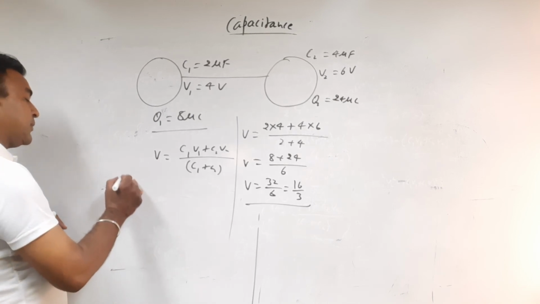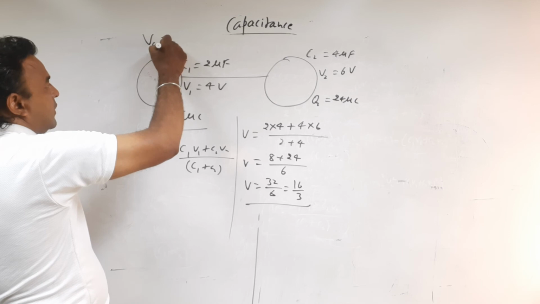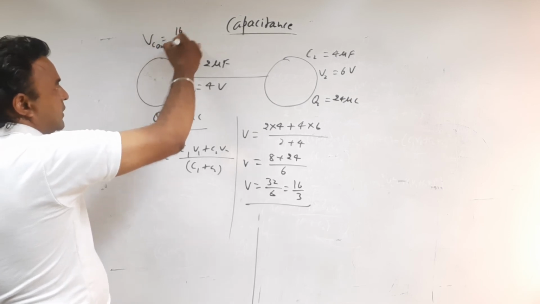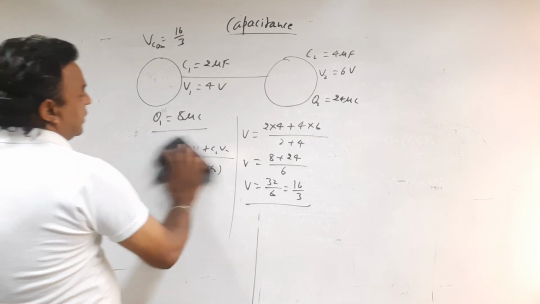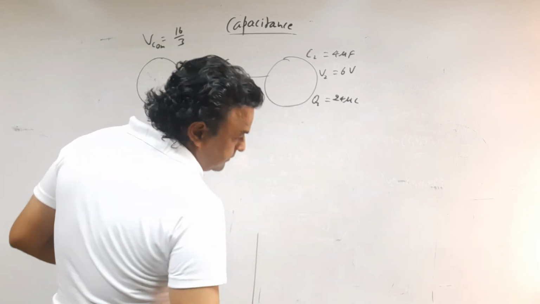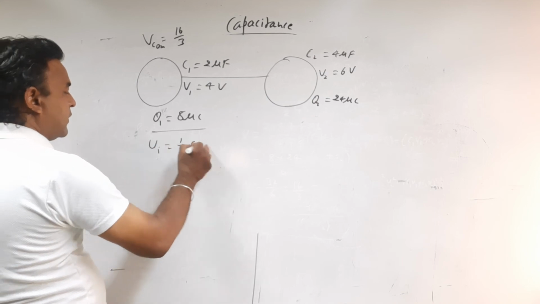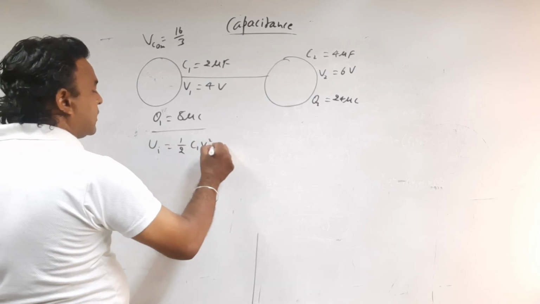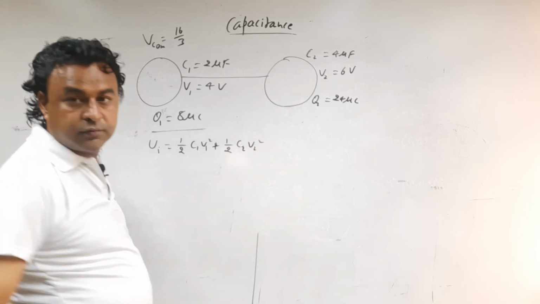Now initial potential energy, V common, I said 16 by 3, okay? Now if I calculate the initial energy, it is half of C1 V1 square plus half of C2 V2 square.